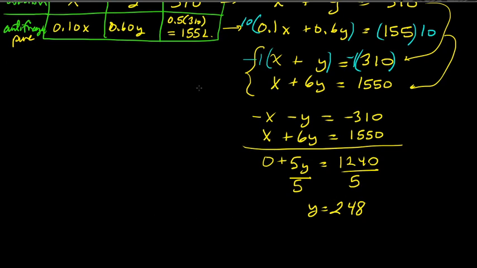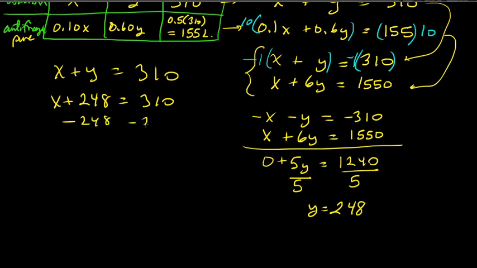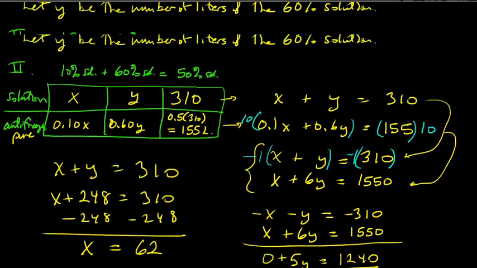If you remember, the first equation was just x plus y equals 310. But now we know what y is, 248. So subtract 248 from both sides, and we get x equals 62. So 310 minus 248, yep, 62. So that should do it.